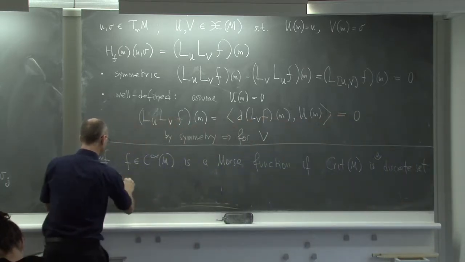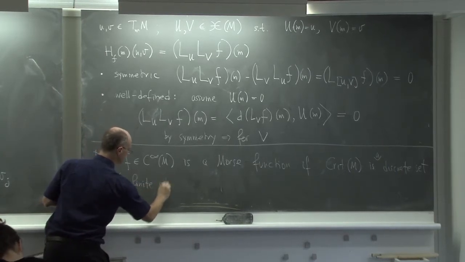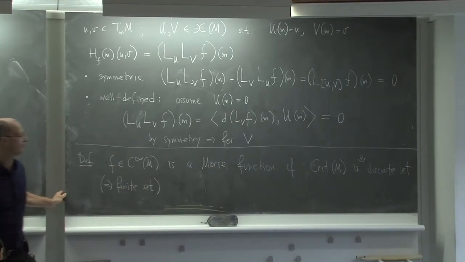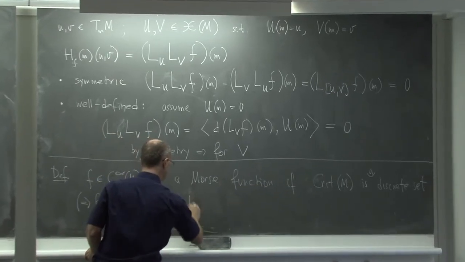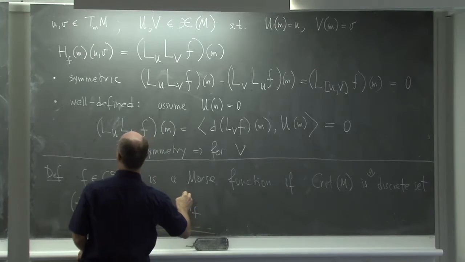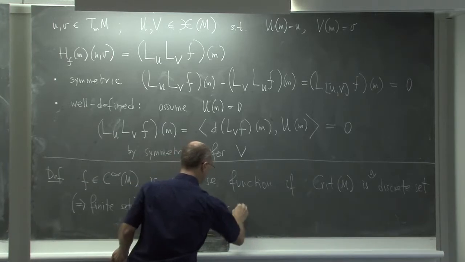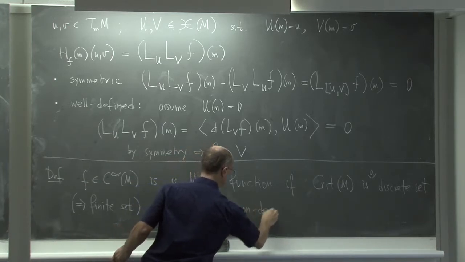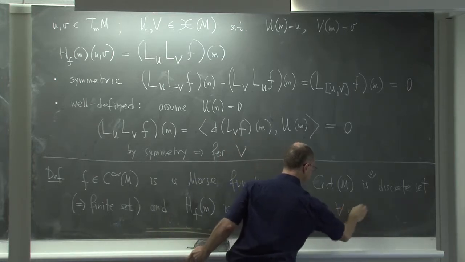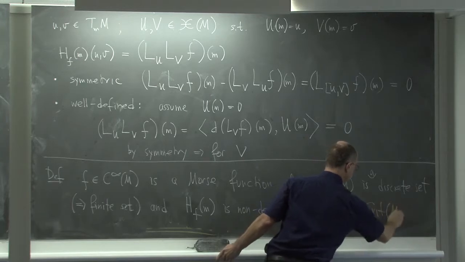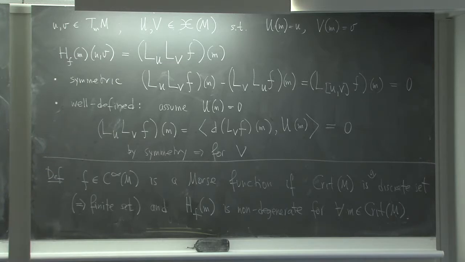In our case, since M is compact, this implies it's a finite set. And this bilinear form is non-degenerate at all critical points.